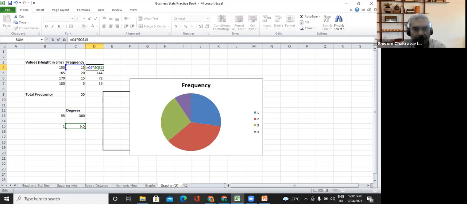If you put a dollar sign, that fixes that reference. So every time it will take 6.5. It's okay if you didn't understand that fixing part, that is all right.